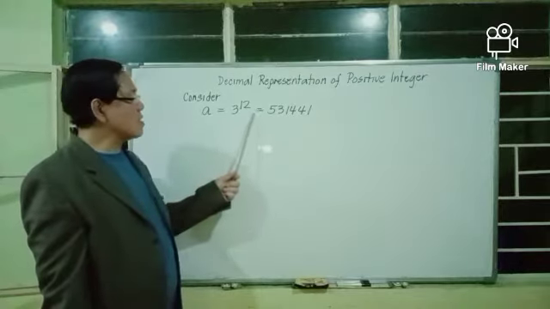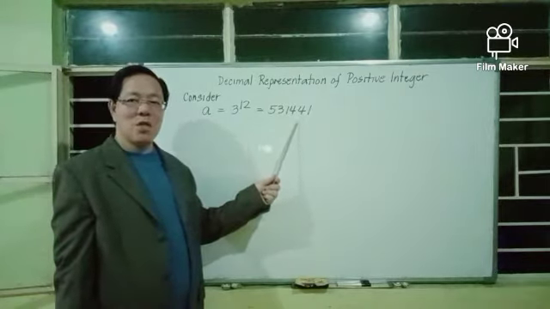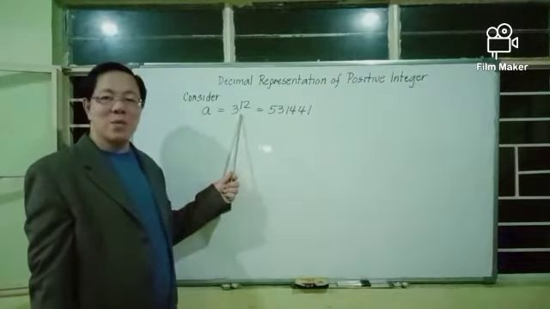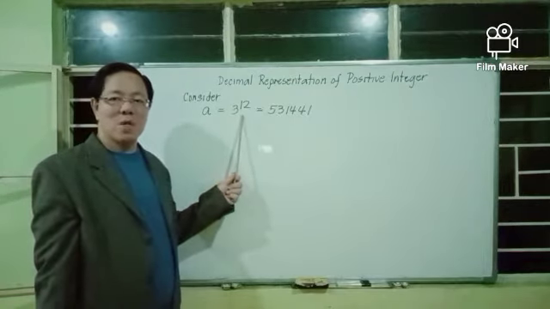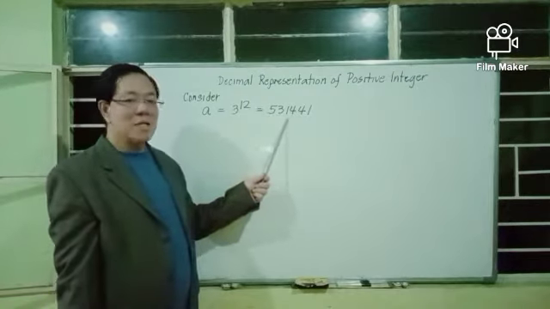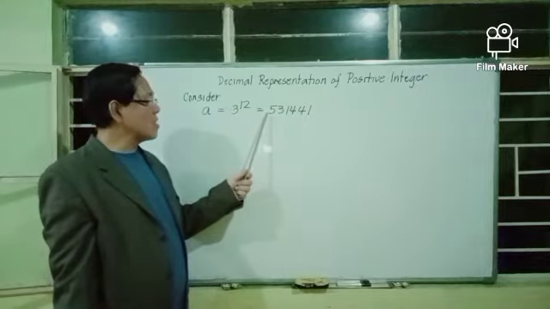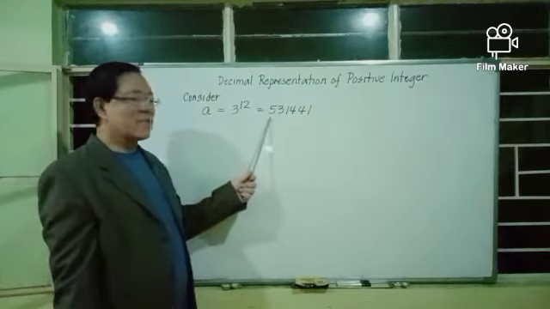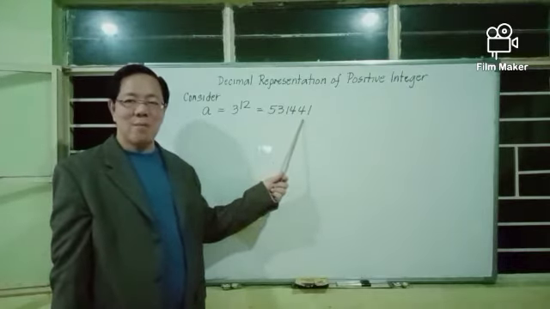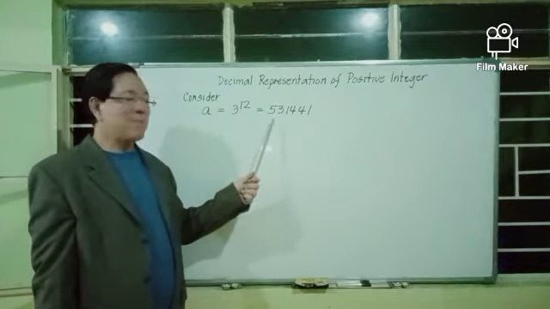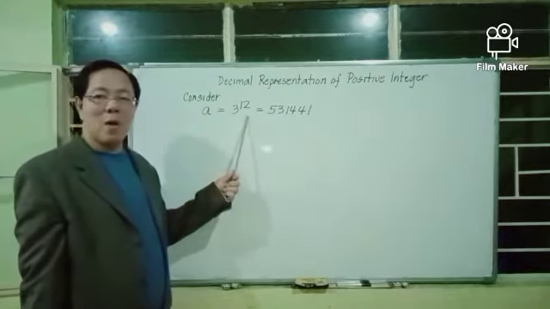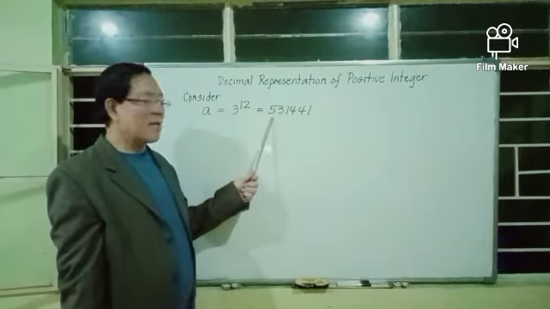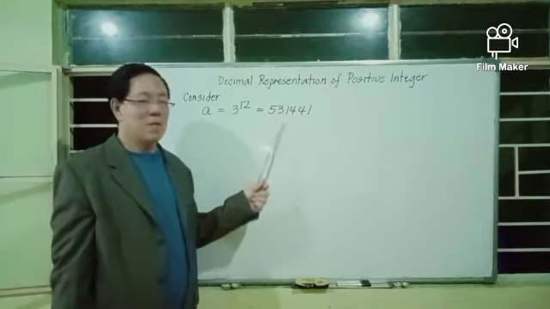In this number, there are how many digits? 1, 2, 3, 4, 5, 6. There are 6 digits in this number. So we say the positive integer 3 to the power 12 is a 6 digits number.